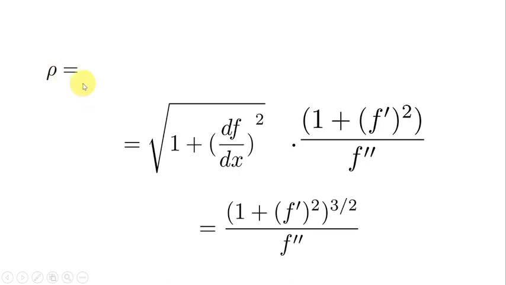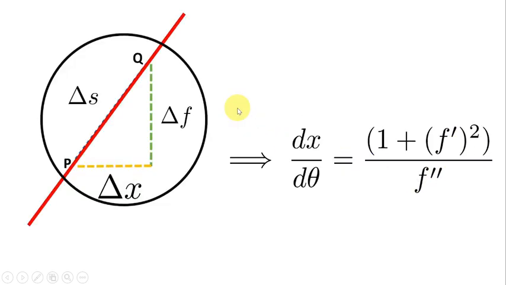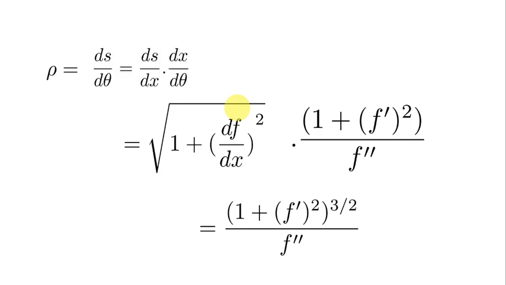Therefore, our rho, which is equal to ds by dx into dx by d theta, works out to be the square root of 1 plus df by dx squared, which can be derived from the geometry as we have done earlier, into 1 plus f prime whole squared divided by f double prime. How did we get this part? Purely because of the power of the equation.